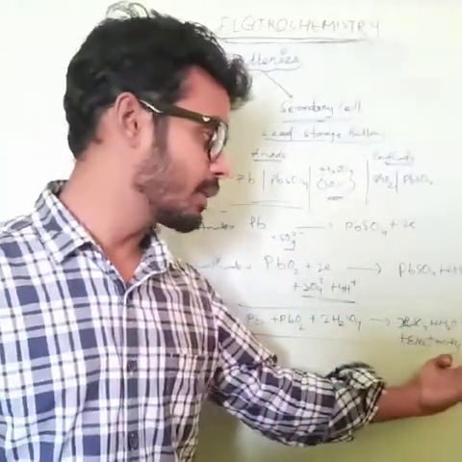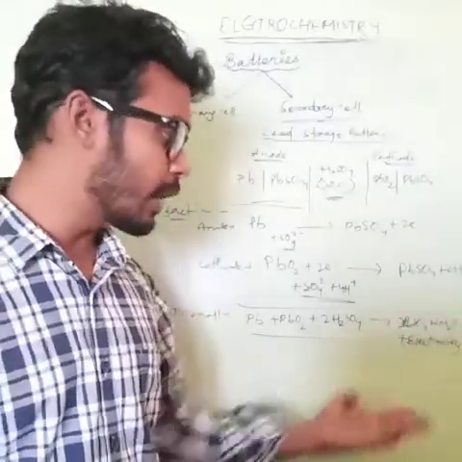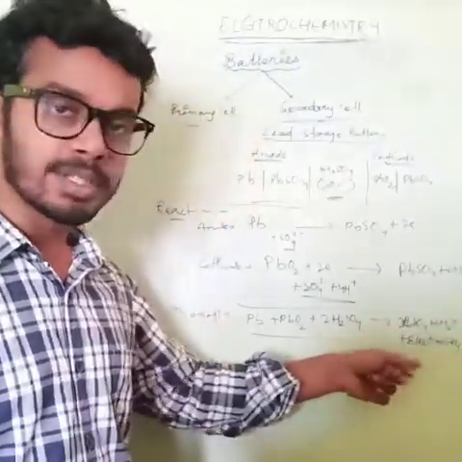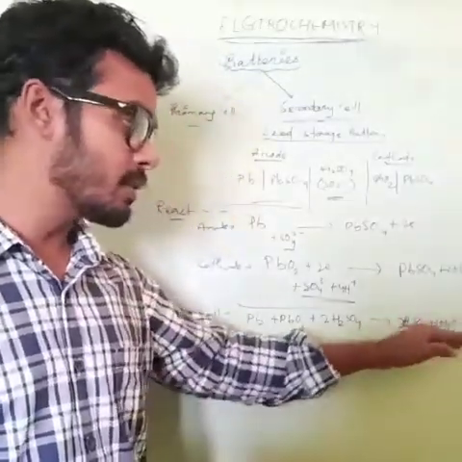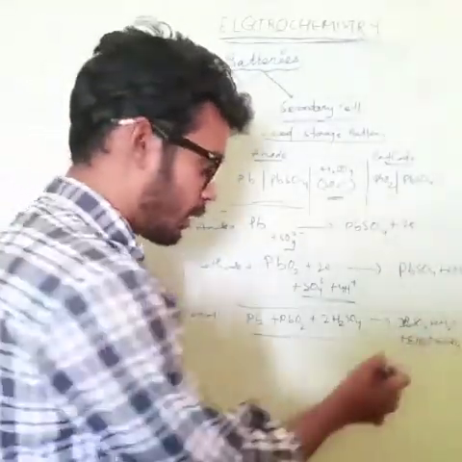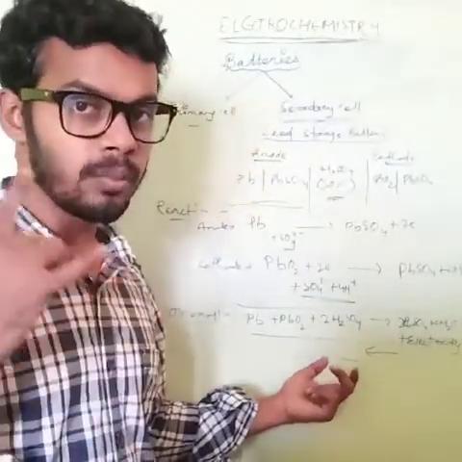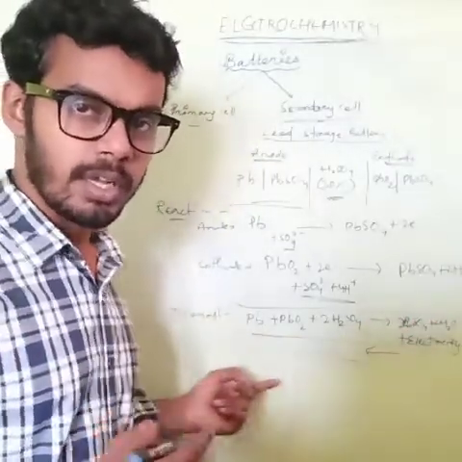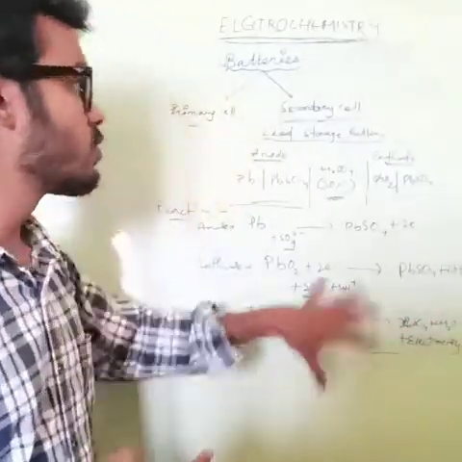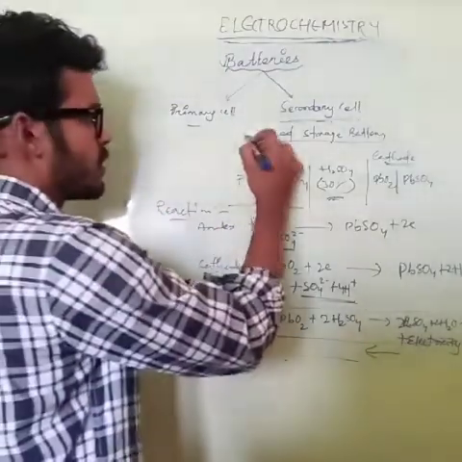Once the reaction completes, you need to charge your battery, and at that moment you have to apply electricity, and again the reaction happens in the reverse direction. So initially one is a galvanic cell, this one is an electrolytic cell. This is all about your secondary cell or lead storage cell.